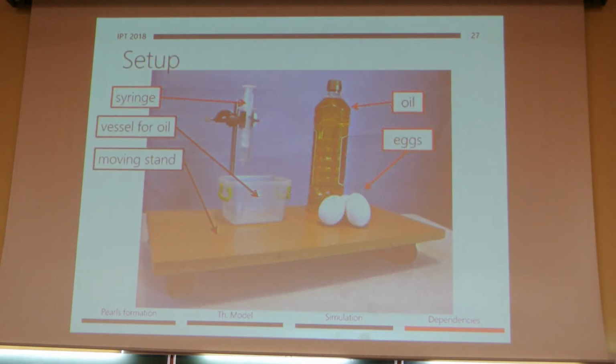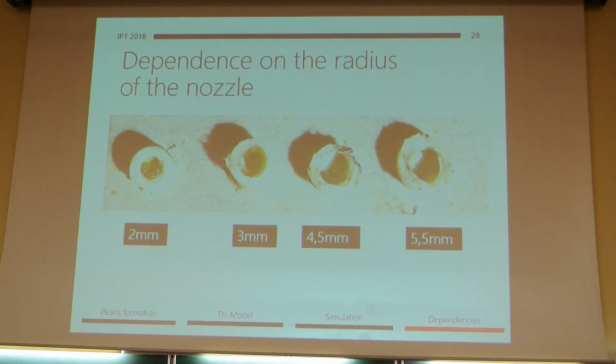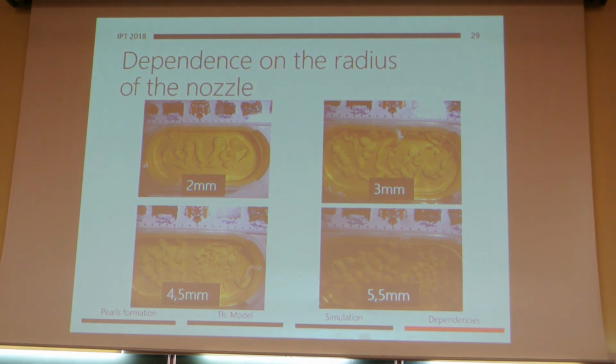Now we use the following setup. In each experiment we vary only one parameter and see what happens. Firstly, we find the dependence on the radius of the nozzle. We have such nozzles. We conduct an experiment with every nozzle, each time with the same height of oil in the vessel, and see these pictures.